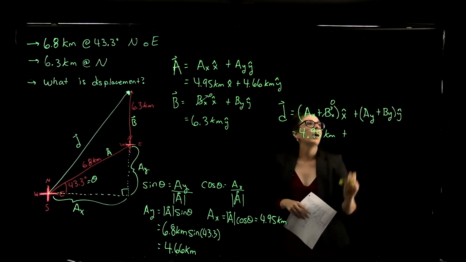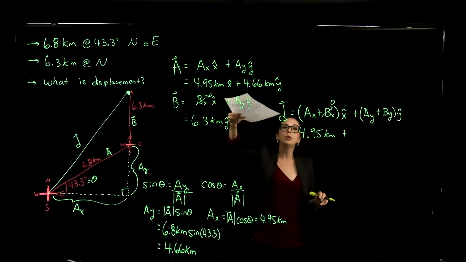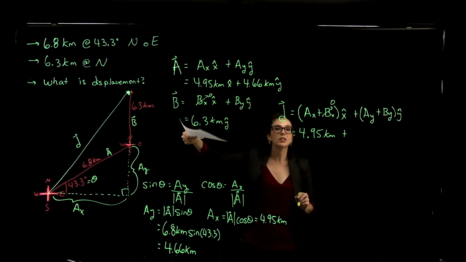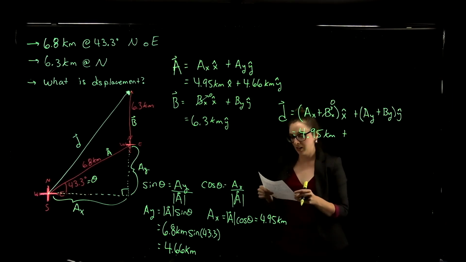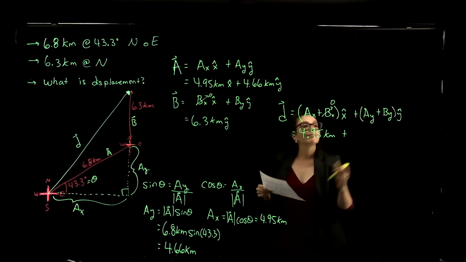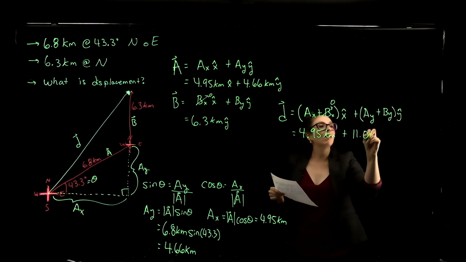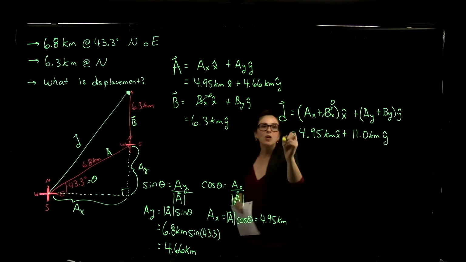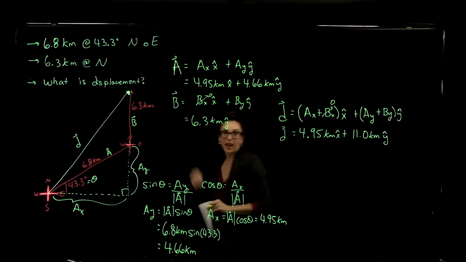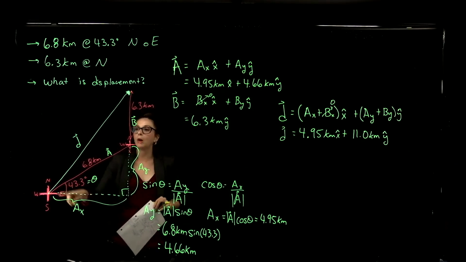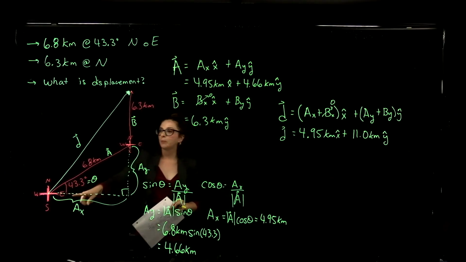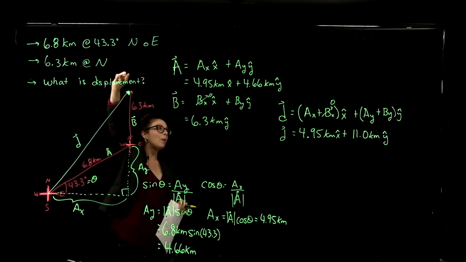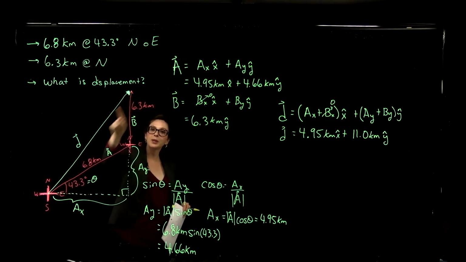And then I've got my component AY, which is 4.66 kilometers, plus the component BY, which is 6.3 kilometers. The sum of those is 11 kilometers, and that's in the Y hat direction. So that's what my displacement vector looks like in vector form with its X and Y components. That makes sense. We go over 4.95 kilometers, and then we go up 11 kilometers. That's our total displacement vector here.